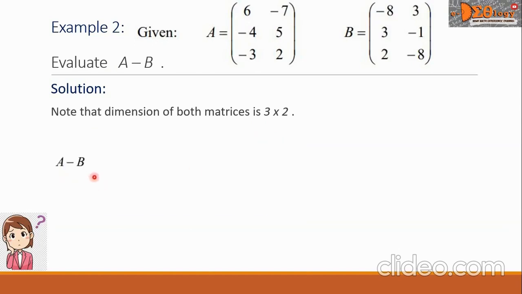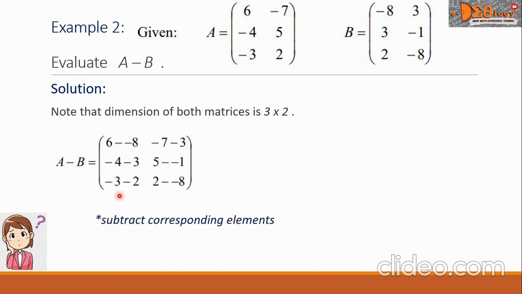For A minus B, we're going to subtract corresponding elements. So we will have it like this: 6 minus -8, -7 minus 3, -4 minus 3, 5 minus -1, -3 minus 2, 2 minus -8.